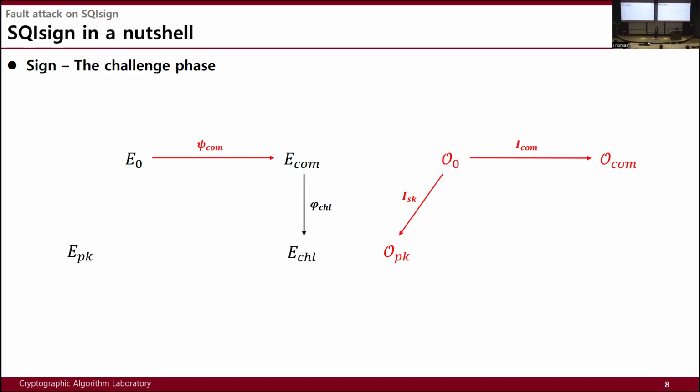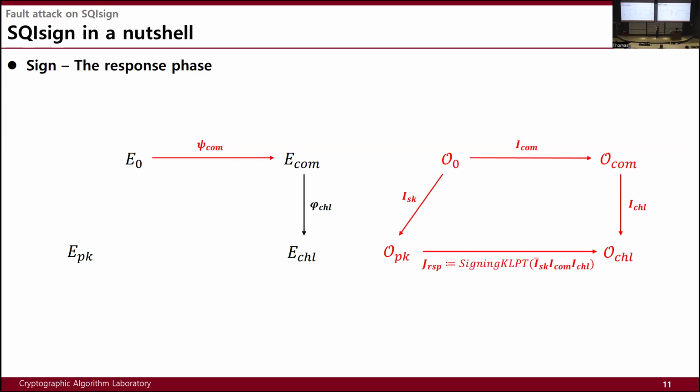Then by hashing the message and the commitment curve, it generates the challenge isogeny, and the corresponding ideal is computed as follows. The reason the ideal is computed first from O0 is because all knowledge of the ideals and order structure comes from O0.